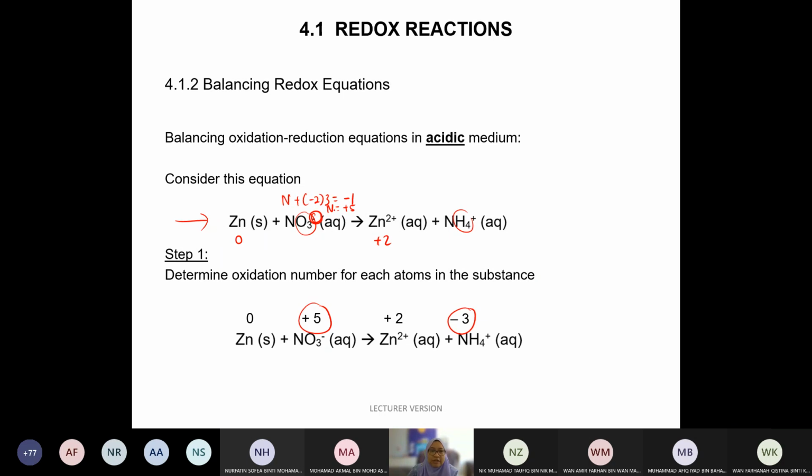Okay, nitrogen, at the beginning, the oxidation number is positive 5. Same goes to NH4+. Okay, you do the same way as this one, you will get negative 3 lah for nitrogen. So as you can see, it is decreasing, is it? Yes, the oxidation number is decreasing from positive 5 to negative 3.